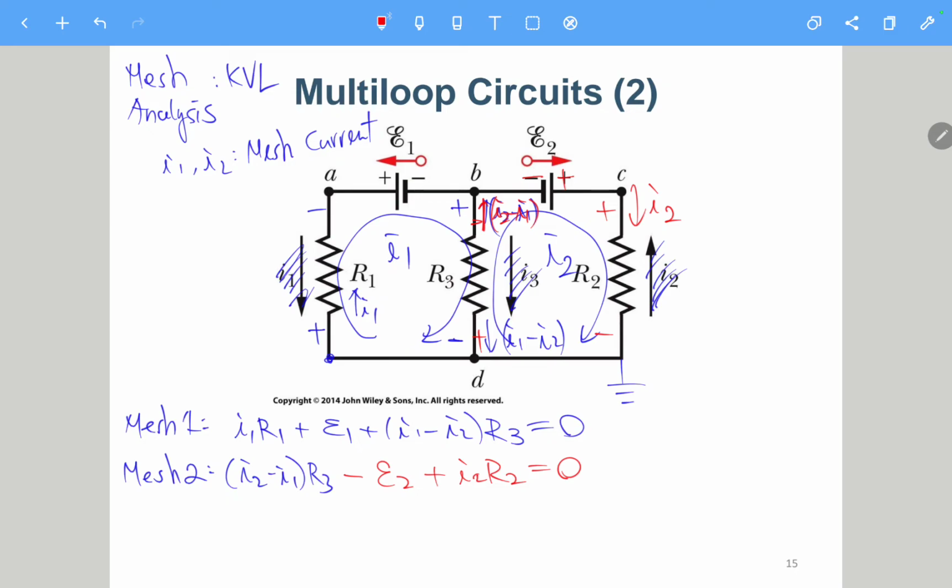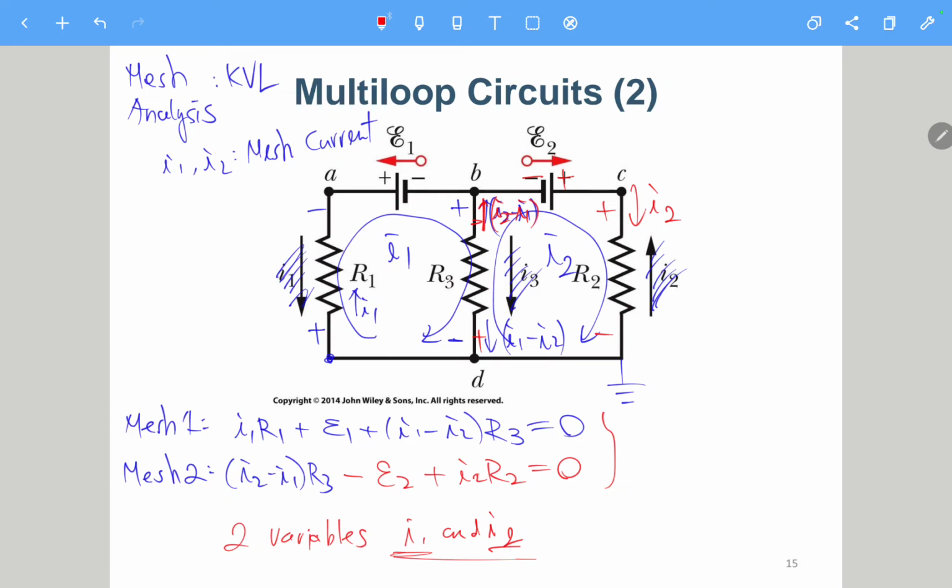Something like this. And then of course, if you try to solve this joint equation, because here we have two variables, I1 and I2, with two equations that are independent, you can really solve I1 and I2 out.